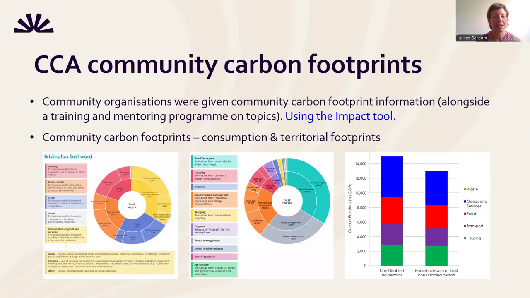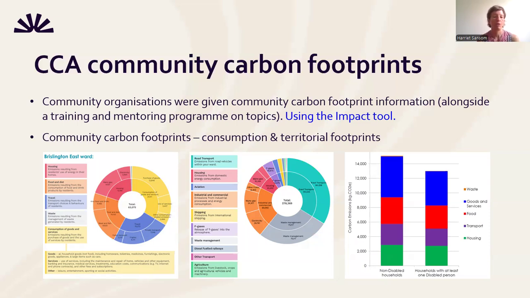And then the pictures, just to give you a sense of what it looked like. This is just information that any community can get on the Impact Tool website. So we were looking at consumption footprint, which is the pie on the left, and then territorial footprint, which is the pie in the middle. And then we were also comparing it to the Bristol average.